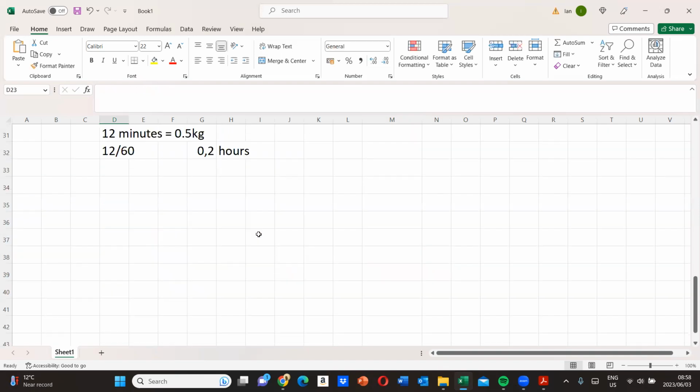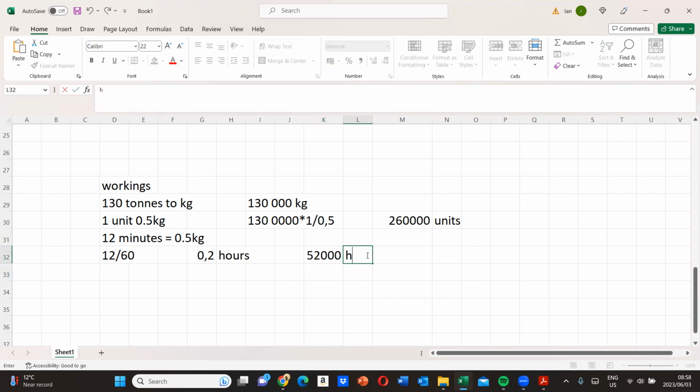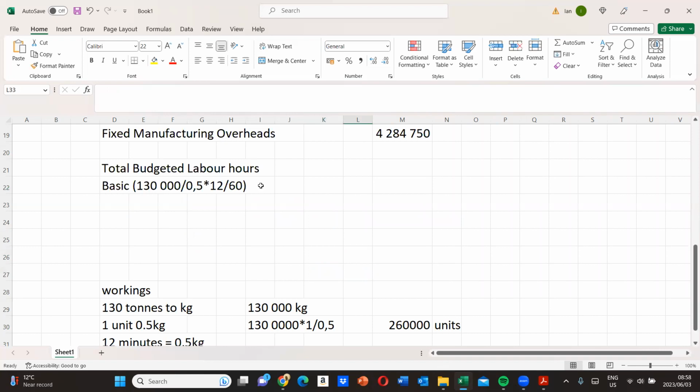If someone feels lost, you could have just said you have 260 units, and it takes you 0.2 hours to make 1 unit. How much is it going to take to make this? It gives you 52,000 hours. These are the number of hours that we have there. Alternatively, 130 divided by 0.5 times 12 over 60.